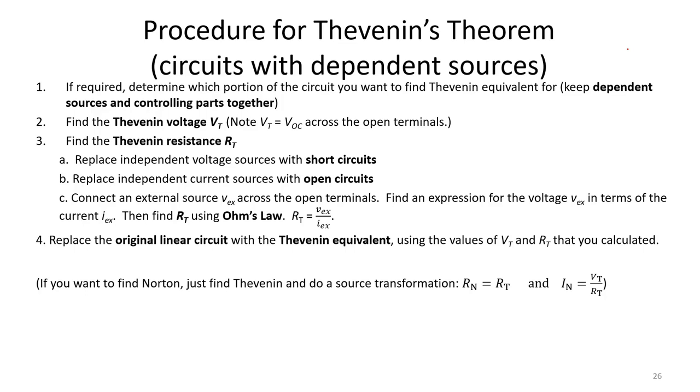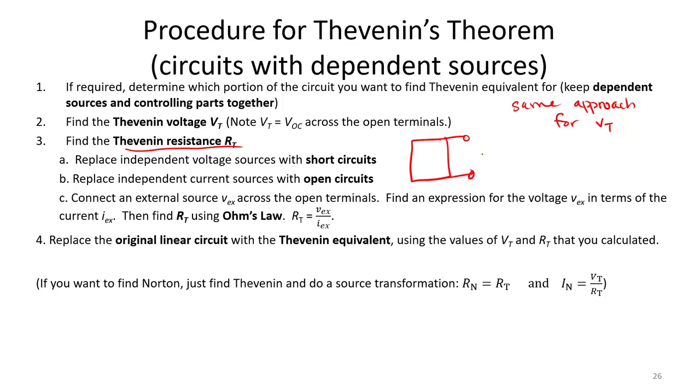Be careful if you have a circuit with a dependent source, because the procedure for Thevenin's theorem with dependent sources is slightly different. So, if you have a dependent source, the Thevenin voltage procedure is the same. But notice if you are trying to find Thevenin resistance, that dependent source makes it a little more tricky.